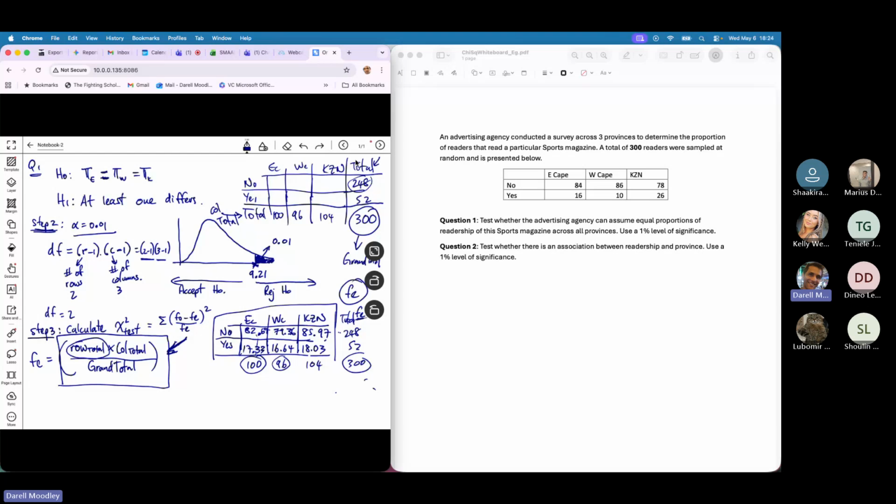Now that we've done that, I'm just going to rearrange this table. I'm going to make some space here and remove this.